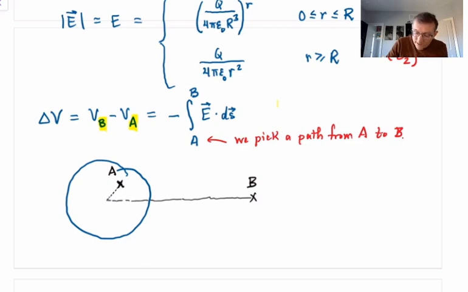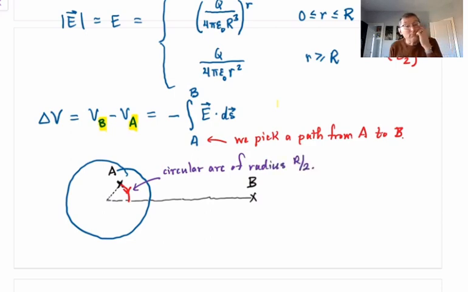So with that in mind, the first part of my path along A is going to be along a circular arc. Wow, what the heck am I doing? A circular arc of radius big R over 2.